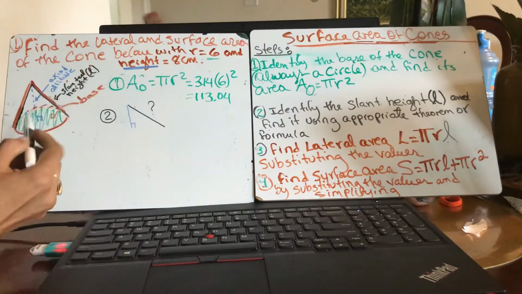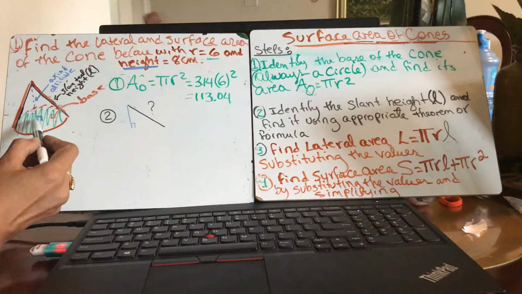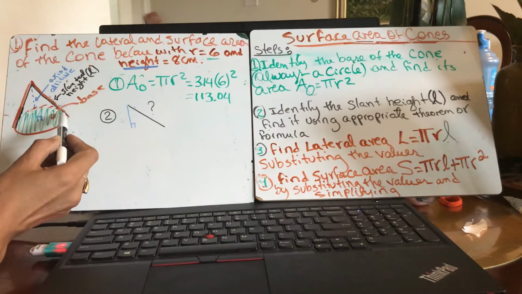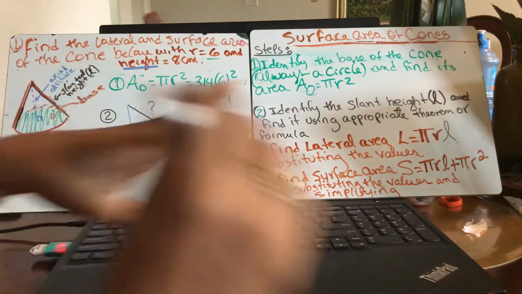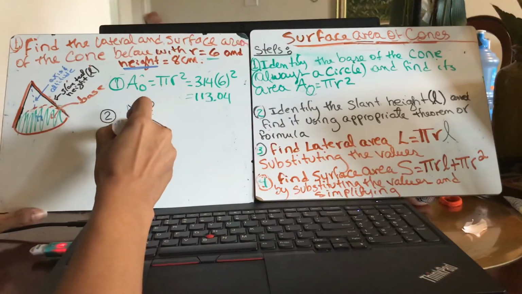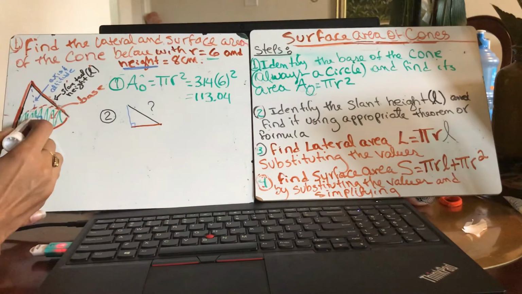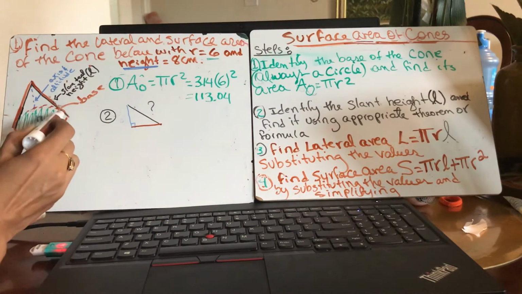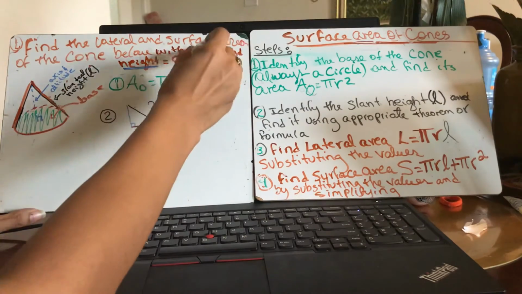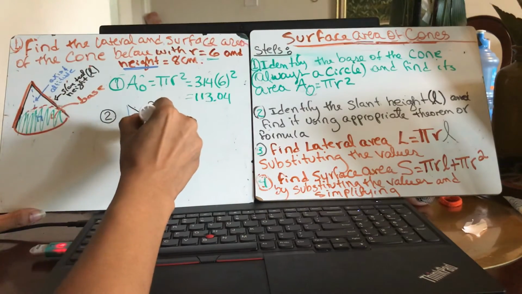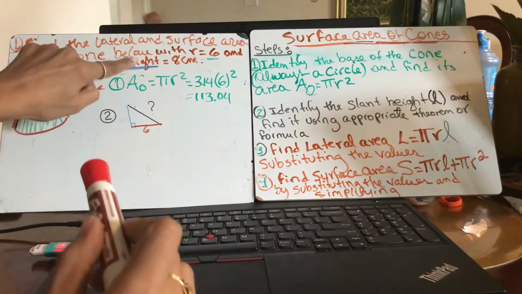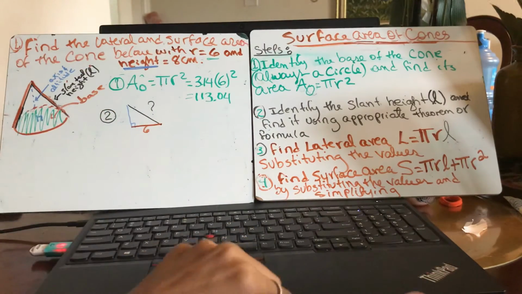And this base right here, from the center of the circular base to the circle itself, let's draw that one with a different color. This segment is your radius. Again, if you have a segment that goes from the center of the circle and intersects your circle, that is going to be your radius. That information was provided to us: that's 6. And the height was also provided to us: that is 8.